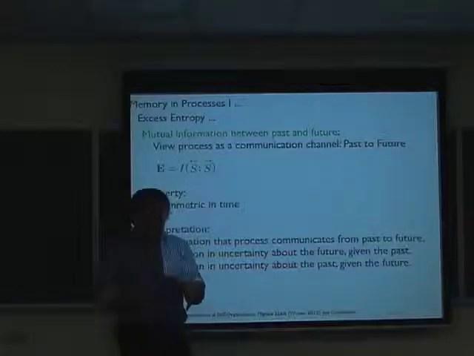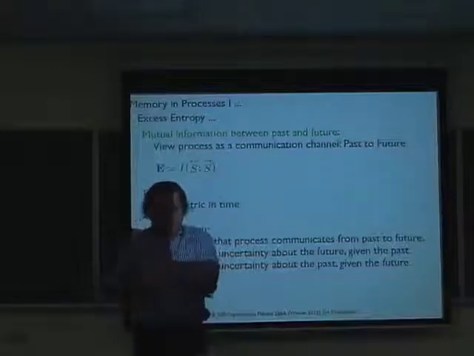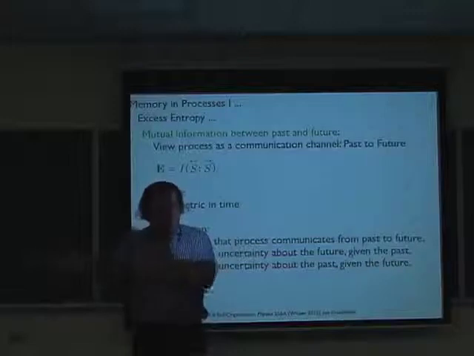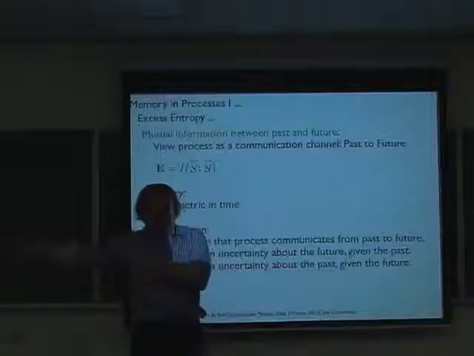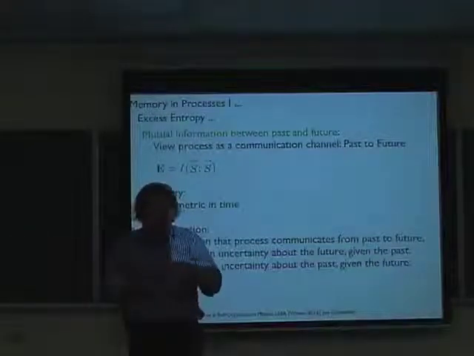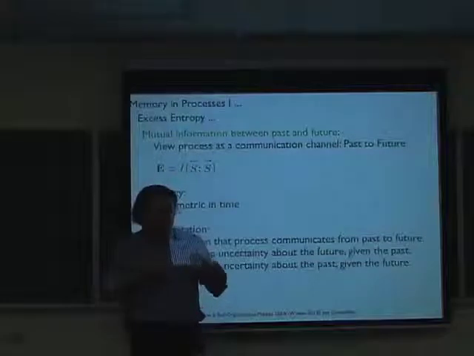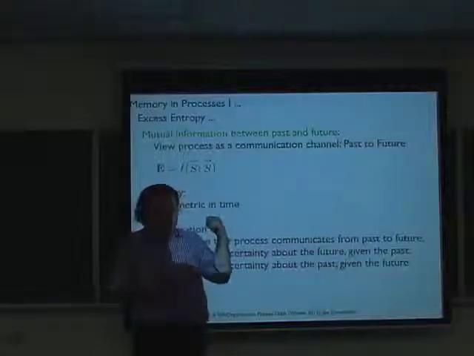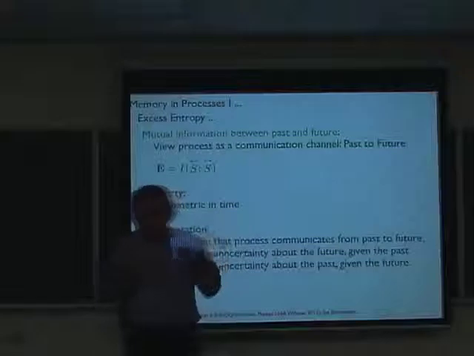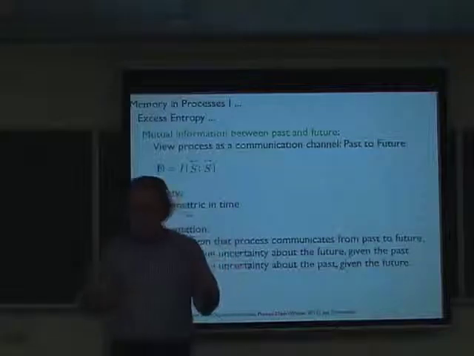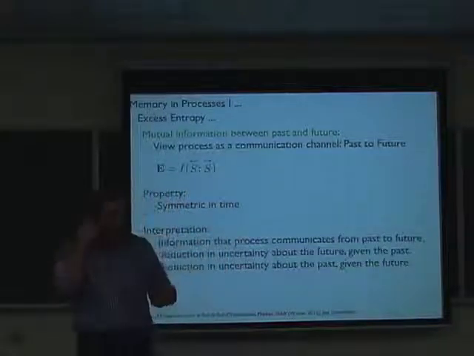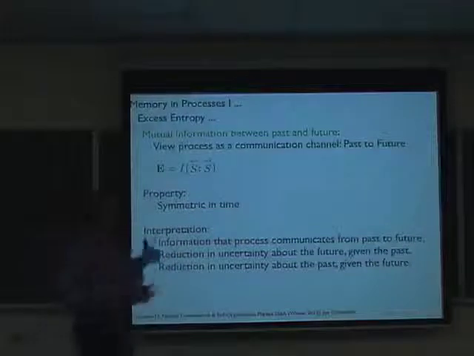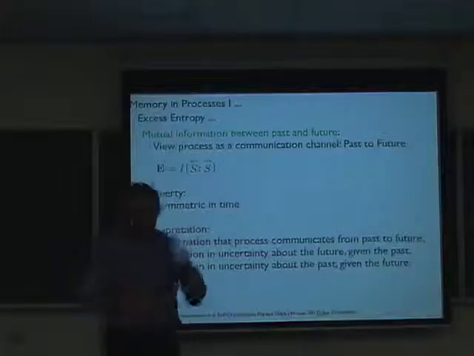The dynamical system, or any physical system, is communicating its past to its future, and it's generated its behavior, therefore it's generated its past. That's the input distribution, and that's going to exercise a certain amount of whatever the mechanism is in the present moment that is storing the information. So again, this is probably the most pregnant interpretation of the excess entropy, this past-future mutual information. And it really says we are thinking about systems as channels.